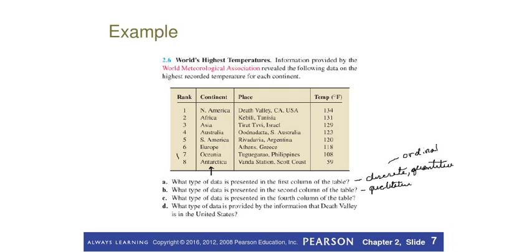It gives us a place in this case. The quality is a location, so we're talking about a continent. And the third column would also be qualitative. The third column is qualitative, but let's go to the fourth column now.